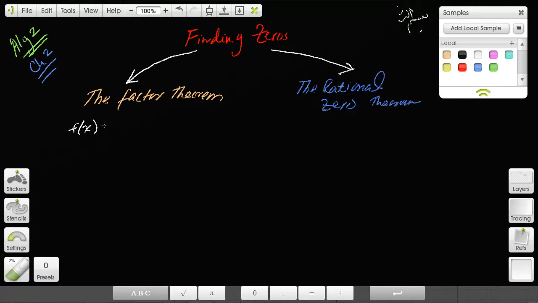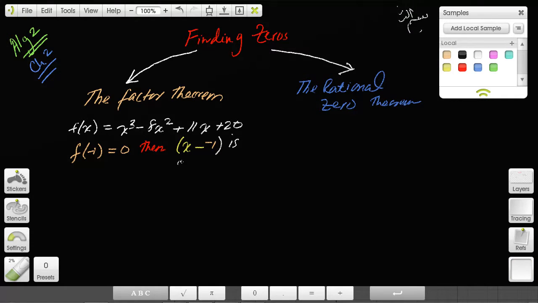If you're given a function, for example, f of x is x cubed minus 8x squared plus 11x plus 20, and let's say f of negative 1 is 0, if f of a certain number is 0, then x minus this number, x minus negative 1, is a factor of the function.